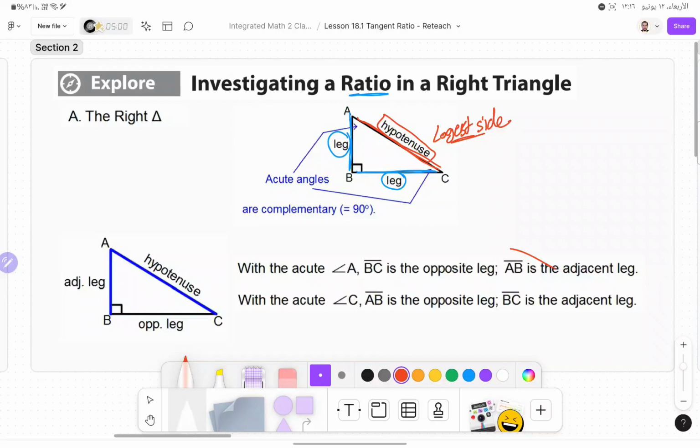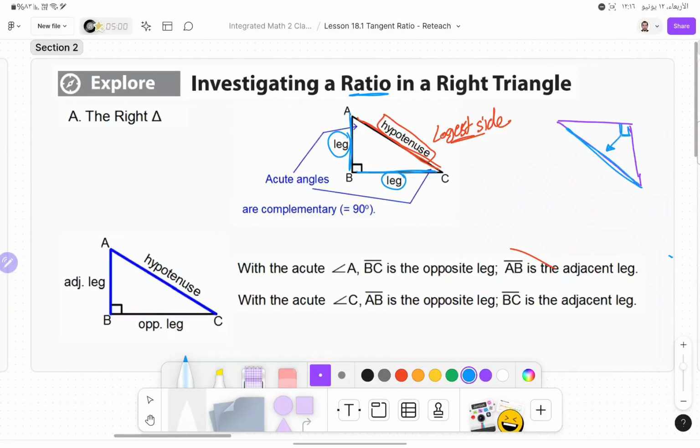How can I know which side is the longest? Let's say I have this triangle here, how do I know which one is the hypotenuse and which ones are the legs? The hypotenuse, the longest side, is always opposite the biggest angle, which is equal to 90.